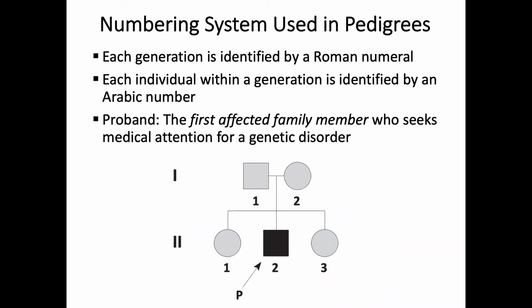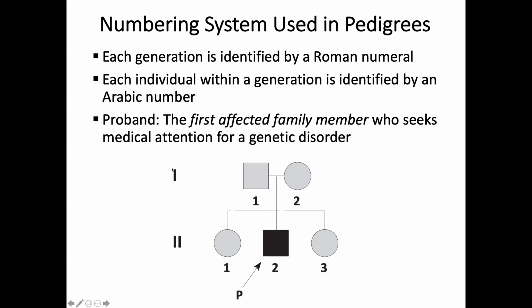In order to understand the pedigree, you need to understand the numbering system used in pedigrees. Each generation is identified by Roman numeral. The pedigree only shows 2 generations, 1 and 2, and the square stands for males, and the circles stand for females.